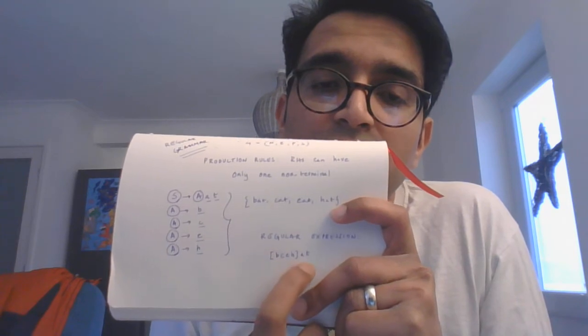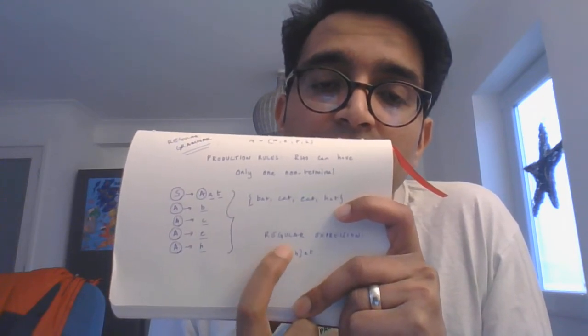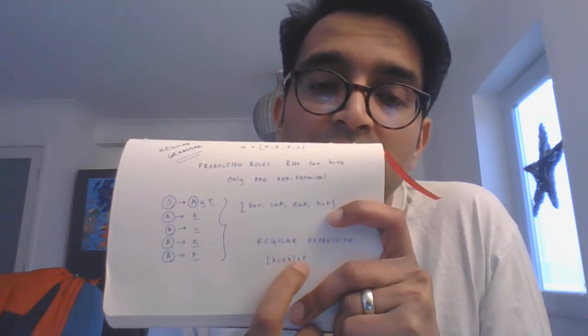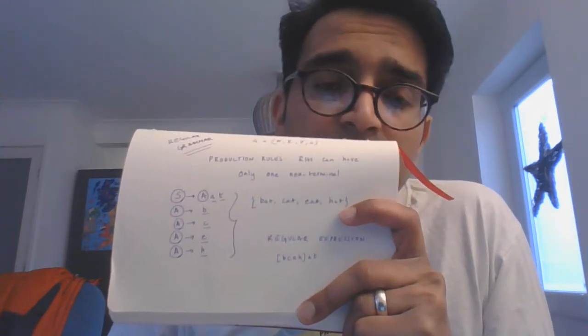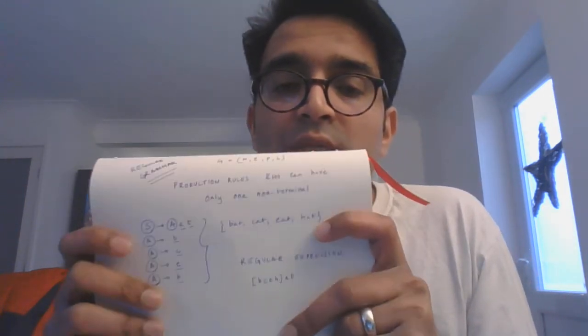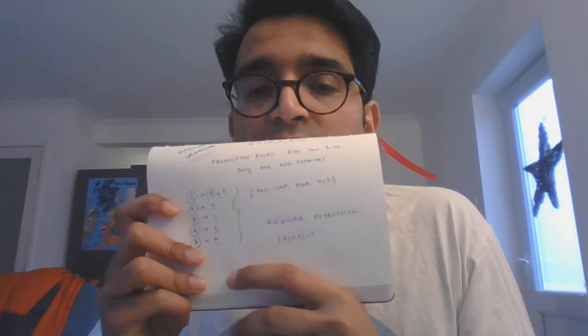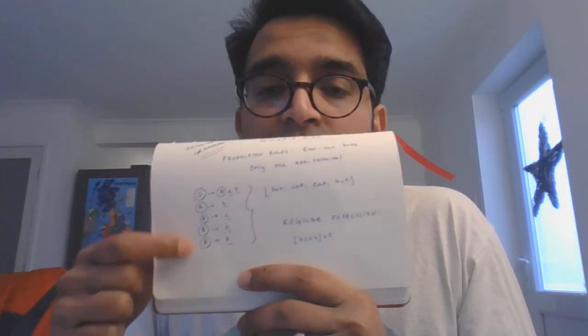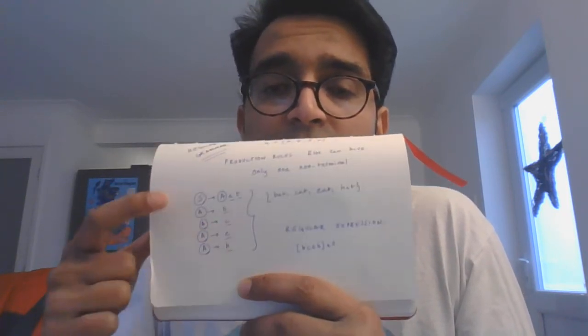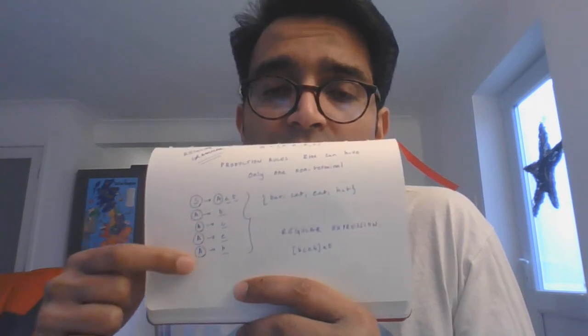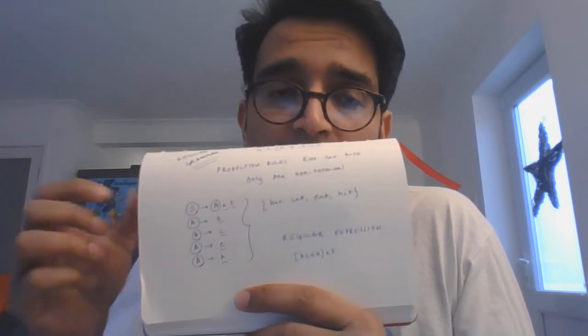This is the set of all three-lettered words which start with one of these characters and have AT. When you write this regular expression, this is equivalent to writing this grammar. So regular expressions are basically based on this notion of regular language and regular grammar.